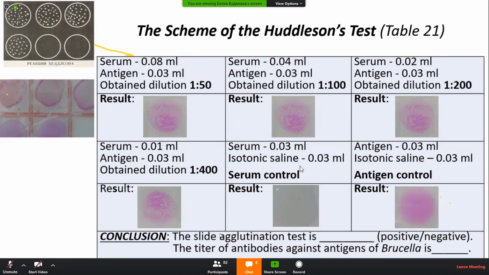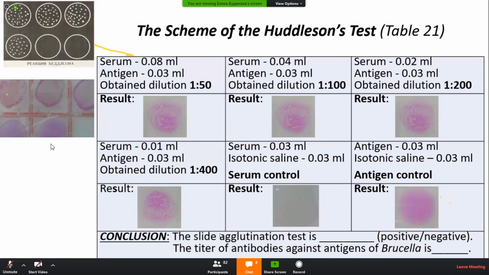In the control wells, we have a serum control that contains serum in a volume of 0.03 mixed with isotonic solution instead of diagnosticum, and an antigen control with antigen in a volume of 0.03 milliliter mixed with the same volume of isotonic solution instead of serum.